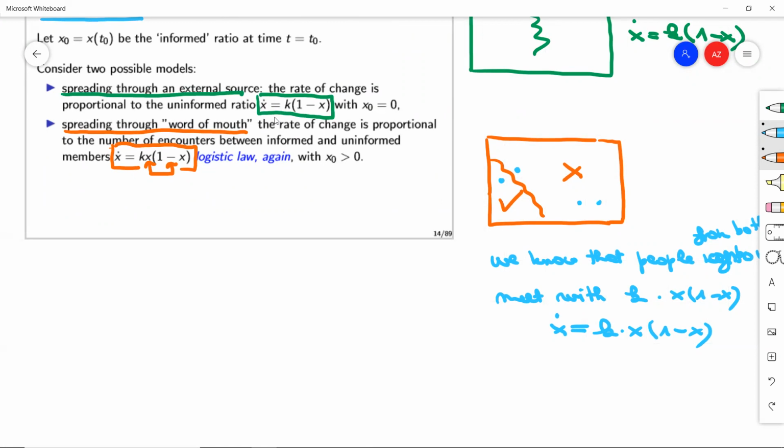Let's say that in the first case, we have this external source, and in time delta t, this information meets k people. So k people are met by the information.